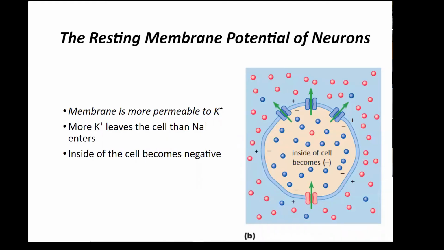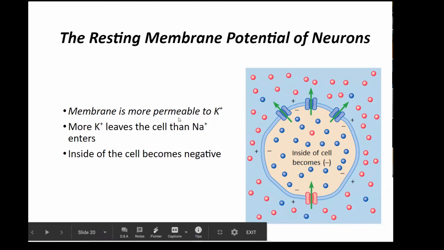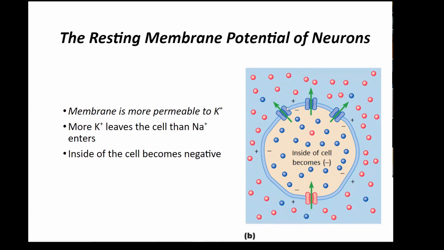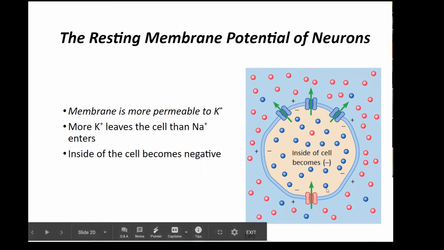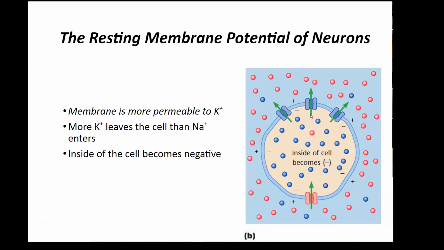Great. Okay. So our first fact that we know is that our membrane is more permeable to the potassium. So we can see here that we have 3 channels drawn in that are the same color as our little potassium ions. This is to emphasize that there are more channels for the potassium than there are for sodium. So sodium was the red one. So we can see that we've drawn on just 1 channel for sodium to represent our sodium channels, but we drew on 3 for potassium because this cell is more permeable to potassium.